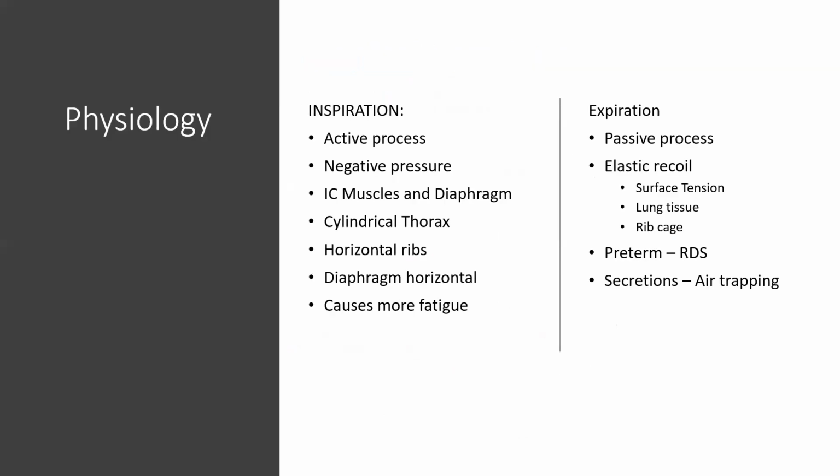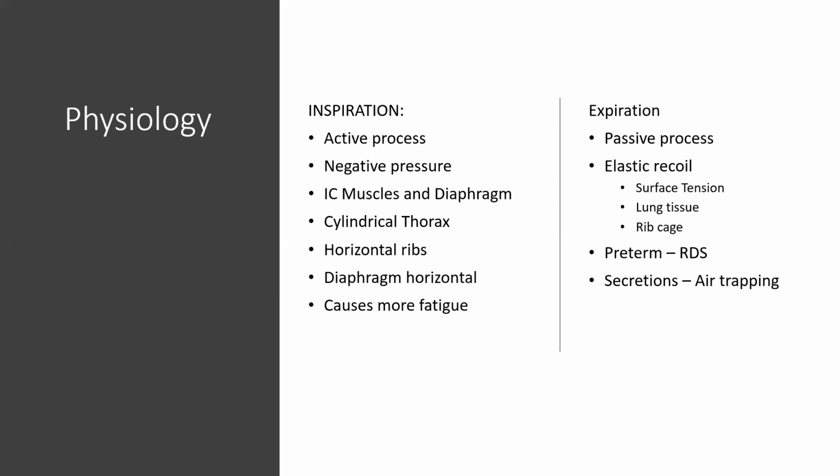If you divide the physiology into two parts, the inspiration and the expiration. Inspiration is an active process, mainly starting with the negative pressure developed in the intrathoracic cage by the relaxation of the intercostal muscles and the diaphragm. The main difference between neonates and adults is that the neonatal chest is more cylindrical and the ribs are more horizontal.